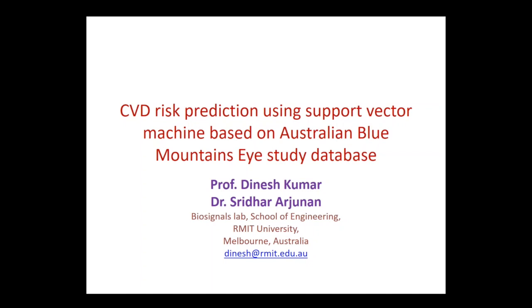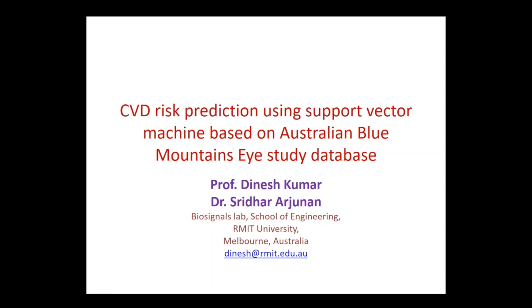Okay, now the background is we have studied the Australian Blue Mountain Study database, which we were conducting analysis for the retina. And in that, we tried to understand the risk factors for using the Framingham equation in the beginning and other methods, and we found that they did not work very well.